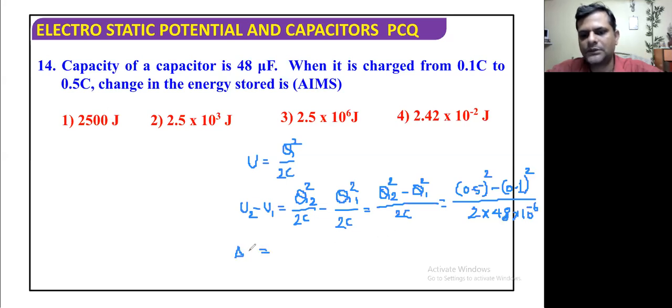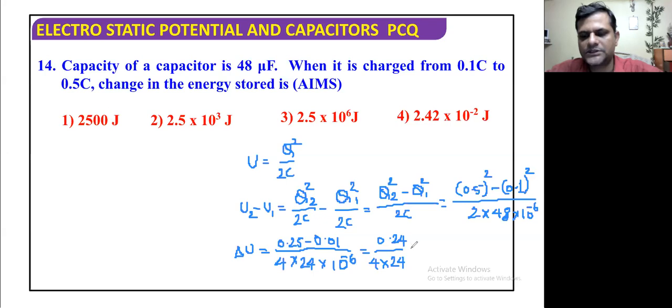So delta U comes out to be actually 0.5 का square बनता है 0.25, right? And 0.1 का square बन गया 0.01, and that is to be divided by 2 times 48, which we can write as 4 into 24, into 10 raised to minus 6 kept as it is here, which will be 0.24 upon 4 into 24.